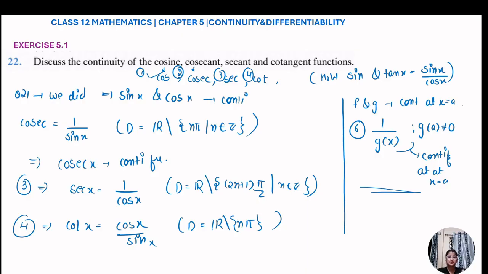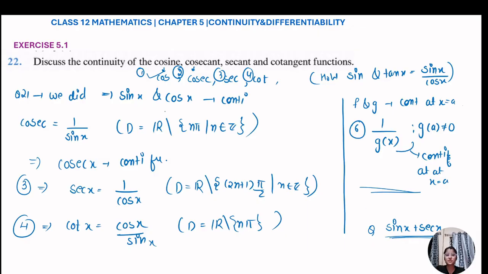I don't think this type of basics they are going to ask in the examinations, but they can directly ask you questions like checking the continuity of sin x plus sec x. You should be aware of how to check their continuity. What you have to do here also is use your algebra. There is no hard and fast rule. So these questions are the basics.